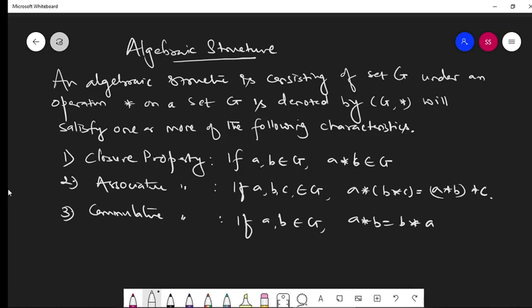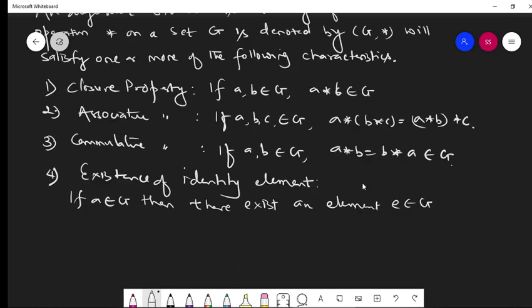Existence of identity element. If a belongs to G, then there exists an element, suppose E belongs to G, such that a asterisk E equals E asterisk a equals a.